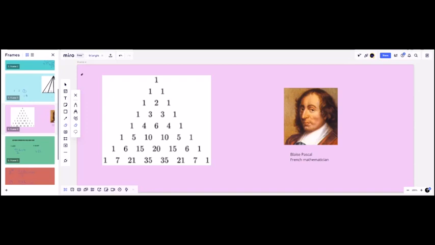When you add the top two numbers, 1 and 1, you get the middle number, which is 2. When you add these two numbers, you get this. 2 plus 1, 3, 3 plus 1, 4, 3 plus 3, 6, 3 plus 1, 4, and many more. It continues.